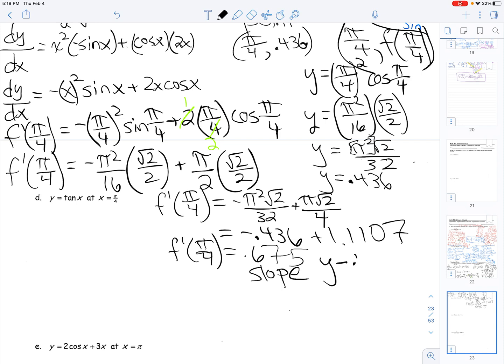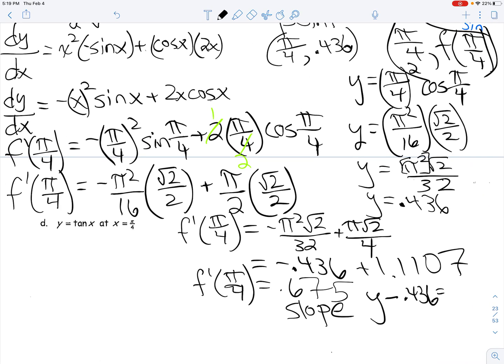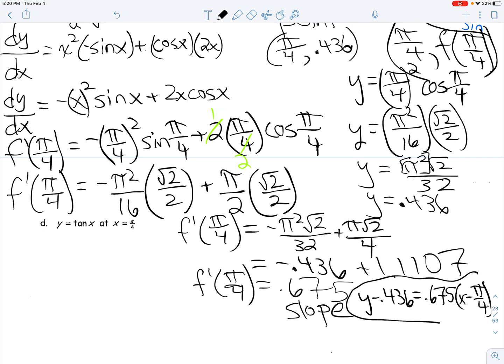All right, we can write the equation of the tangent line now and then be done with this. So y minus my y1, 0.436, will equal the slope, 0.675, multiplied by x minus pi over 4.